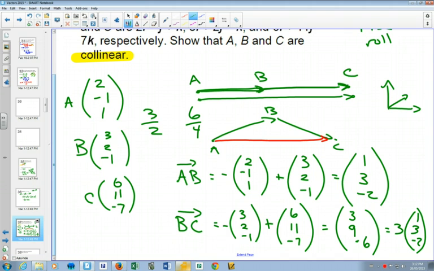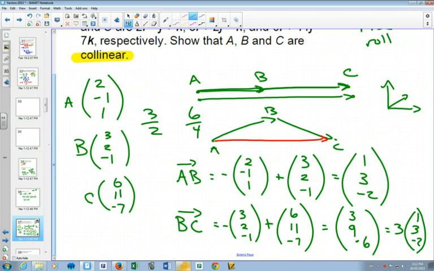Another way that you could show that things are on the same line is looking at distances. Does it make sense that if the distance from A to B plus the distance from B to C is equal to the distance from A to C, then they have to be in a straight line? Can you see in my second diagram here with the red arrow that going from A to C is shorter than going from A to B and then B to C?